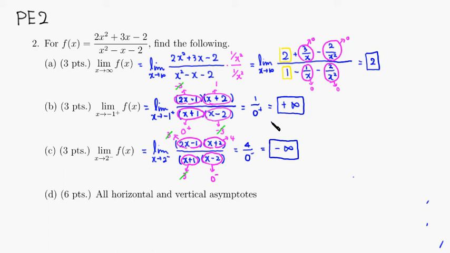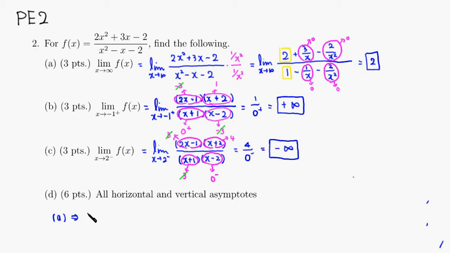Alright, then based on part A through part C, we can find asymptotes. So let's look at the horizontal asymptote. Right, in order to find the horizontal asymptote, you have to look at the limit at infinity. And part A says that the limit at infinity is equal to 2.